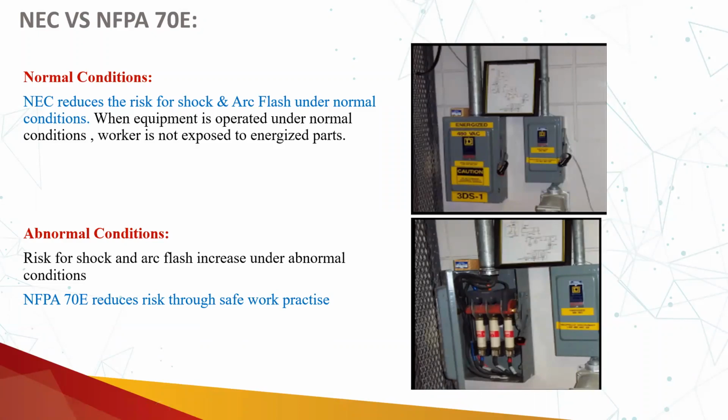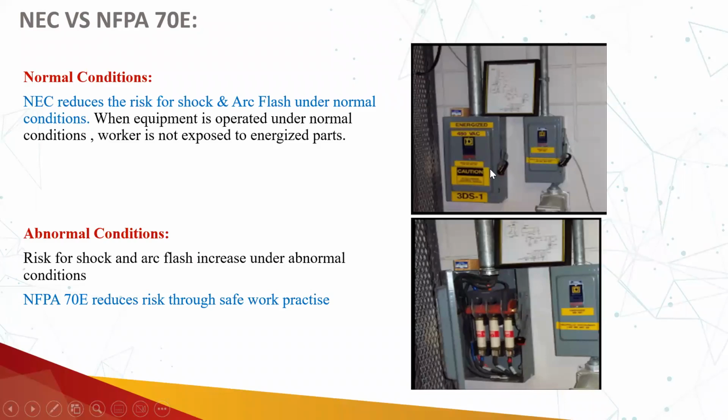This equipment should not be carrying any hazard, because I'm not interacting with those electrical equipment currently. So this equipment needs to be safe as per the NEC guidelines or NEC requirements. So NEC reduces the risk of shock and arc flash under the normal condition.